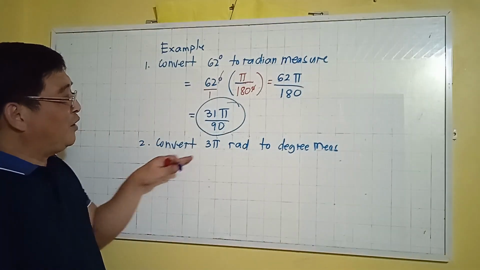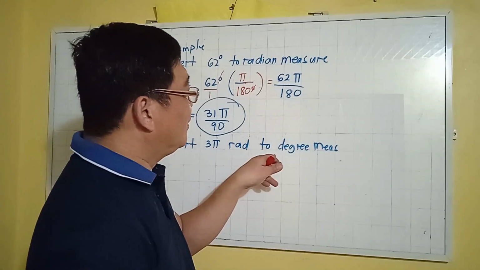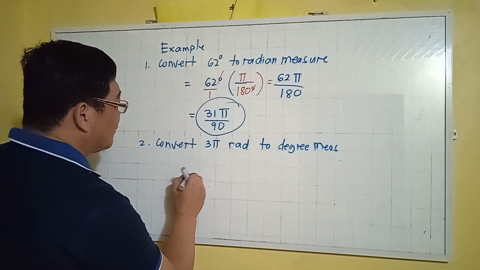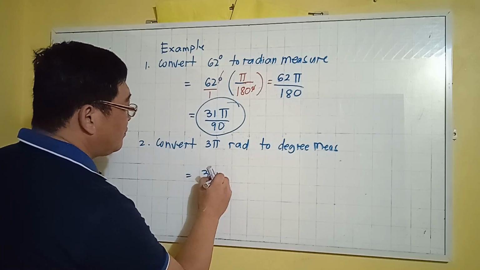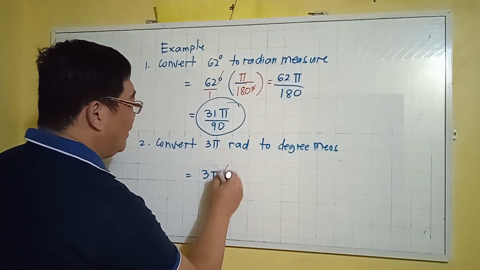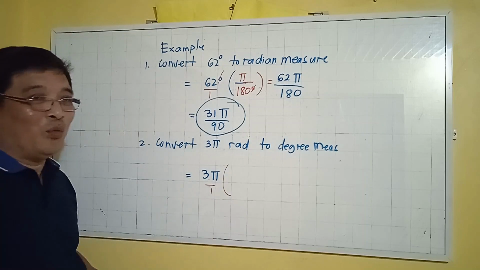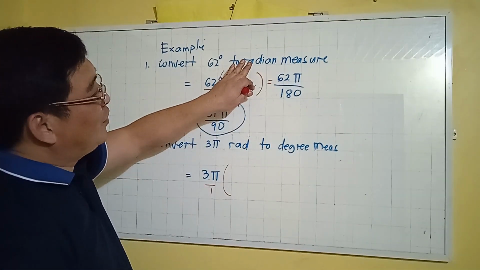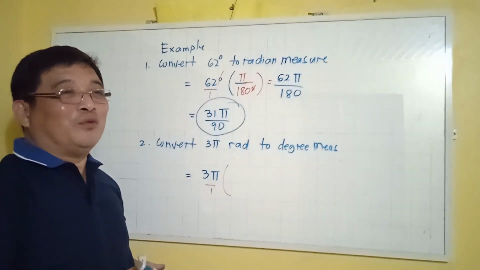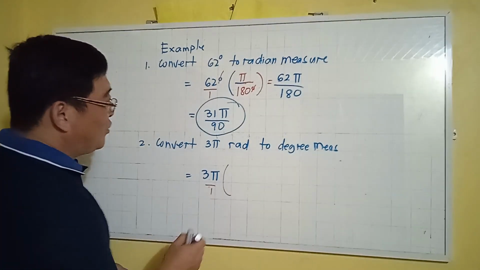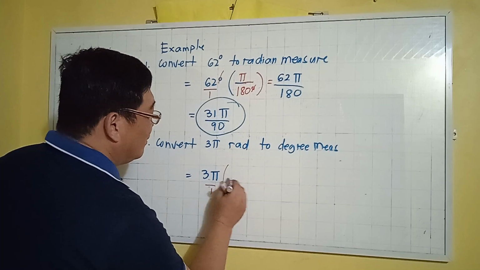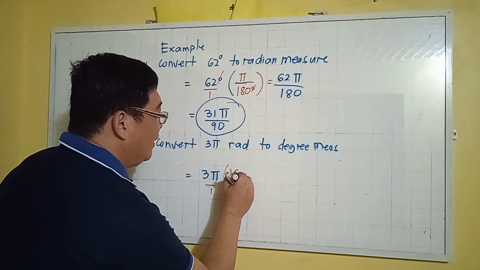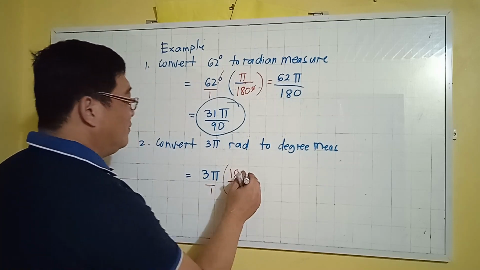How about this one? Convert 3 pi radian to degree measure. Dahil meron tayong 3 pi, di ba sabi ko kanina, since this is divided by 1, kung di nyo kabisado ito, it's either pi over 180, hindi ba? So, para makancel yung pi, dapat nasa denominator yung pi, at 180 nandito siya.